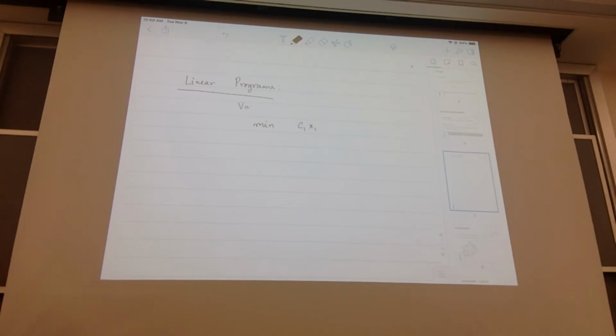Your variables are x1, x2 up to xn, and these are all real numbers. So this is a continuous optimization.